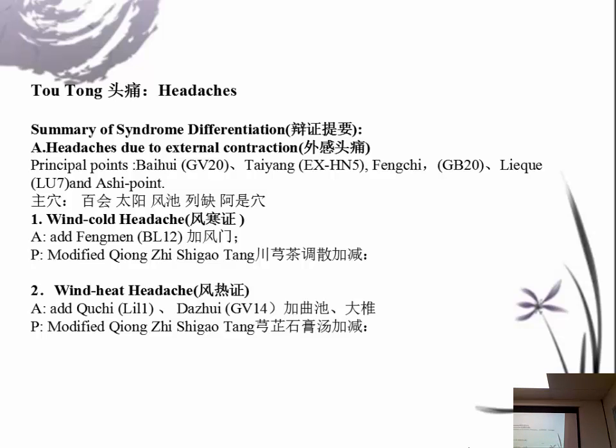Here is your backbone, and between your shoulders we have the C7 and this is T1. Between C7 and T1 is the 大椎 point, which is GV14.